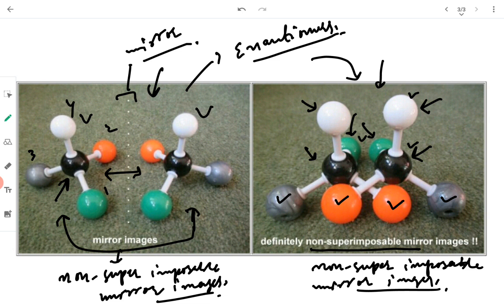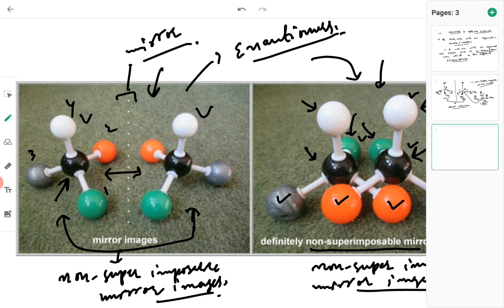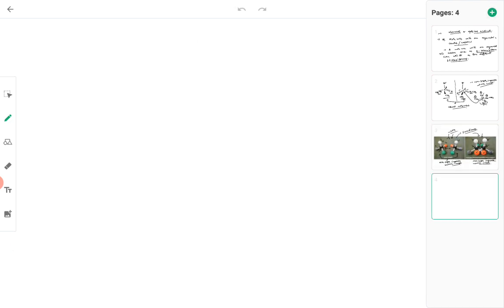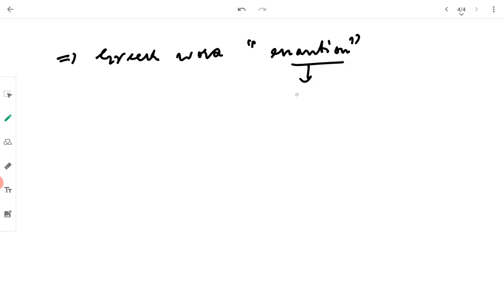What are enantiomers? Enantio comes from the Greek word enantion. Enantion means opposite. They are opposite to each other. Their stereochemistry is opposite to one another.